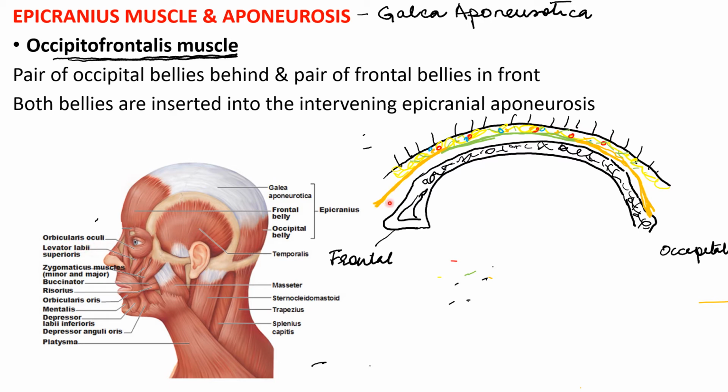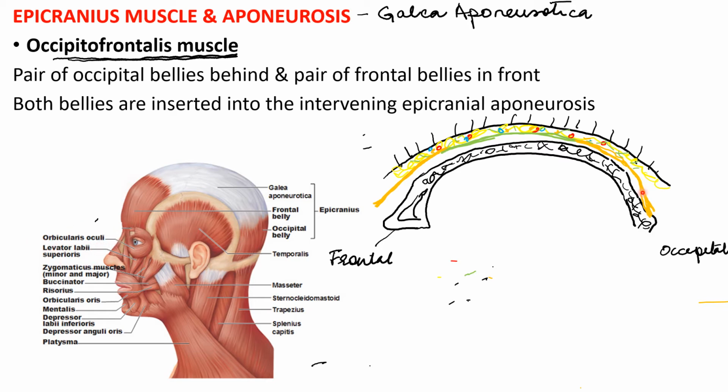So this is an important thing which you need to remember, that the frontalis muscle, which is present anteriorly, attaches to the epicranial aponeurosis on one end, and on the other end it goes and attaches to the skin of the eyebrows as well as the skin of the eyelids, as well as gets continuous with the orbicularis oculi muscle.